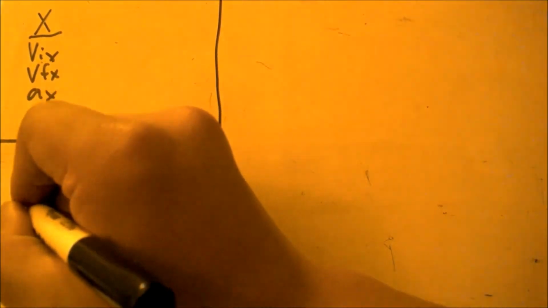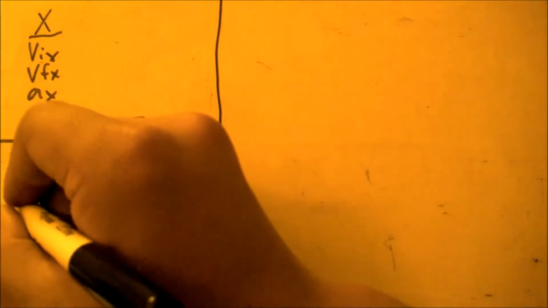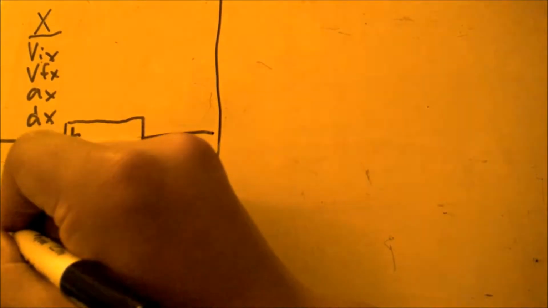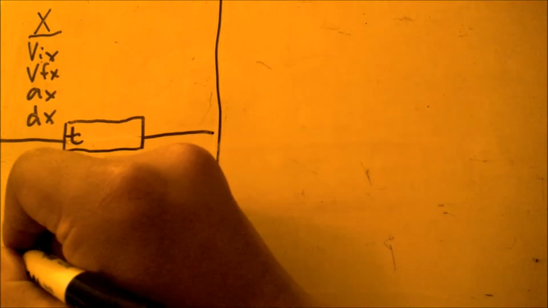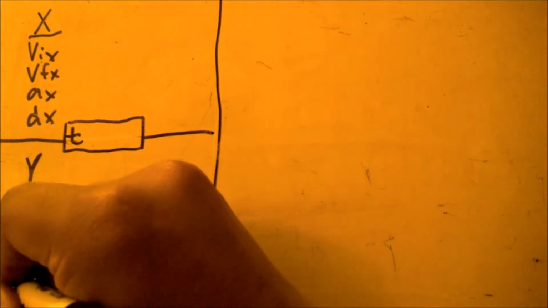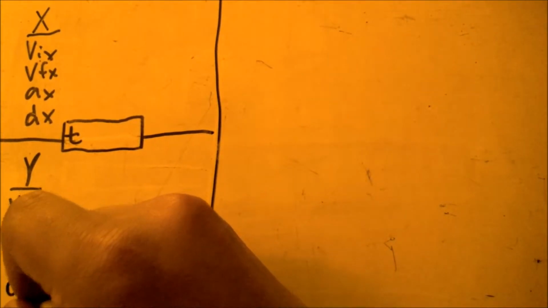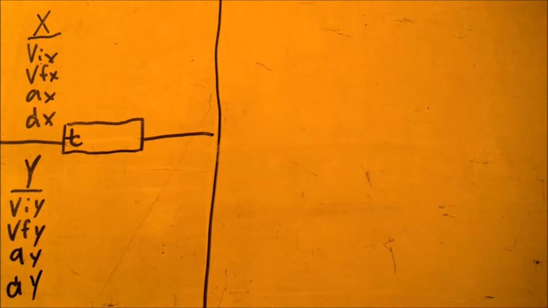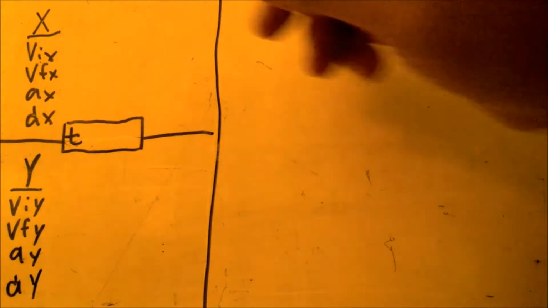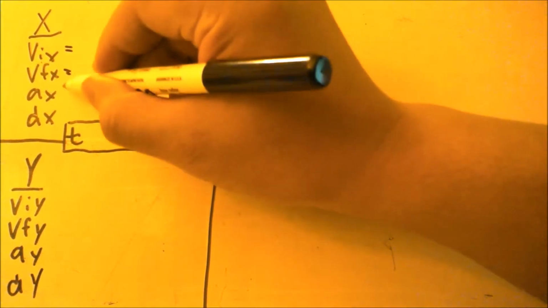We'll do the same for y: velocity initial y, velocity final y, acceleration y, and distance y. So we know the cliff is 300 meters. So actually, wait. Put all equal signs here.